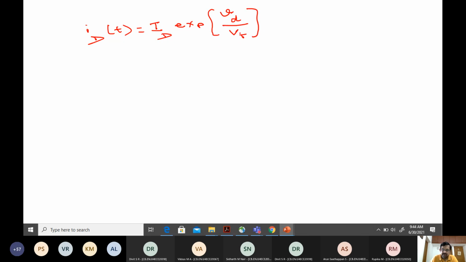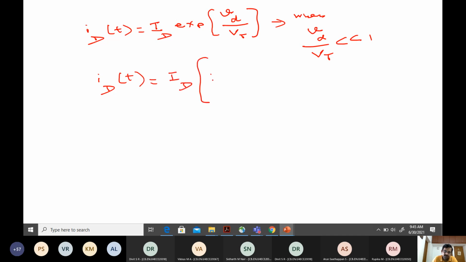When x is small, when v_d by V_t is much less than 1, we can write this expression I_D of t as I_D into 1 plus v_d by V_t, because this is my x term, v_d by V_t by factorial 1 is itself.